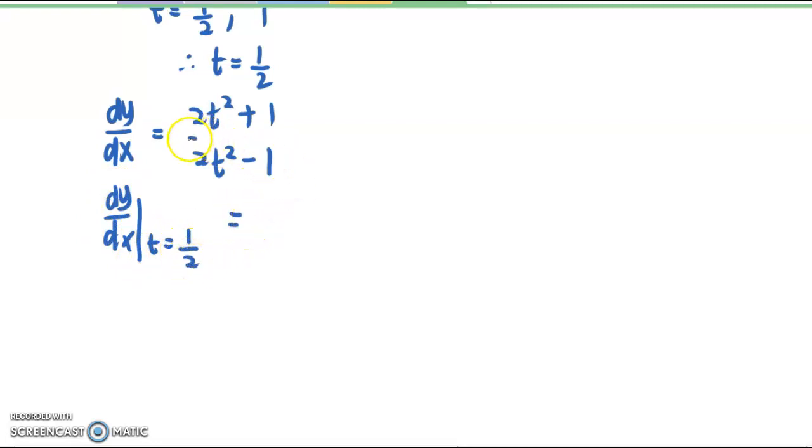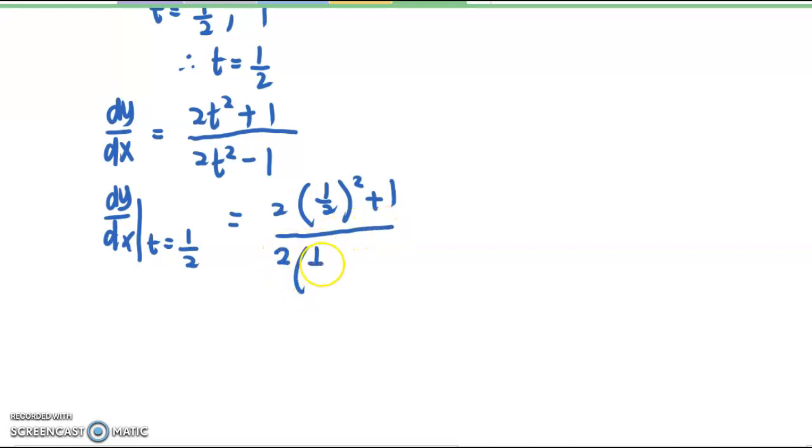Substitute into the equation. And we get negative 3.